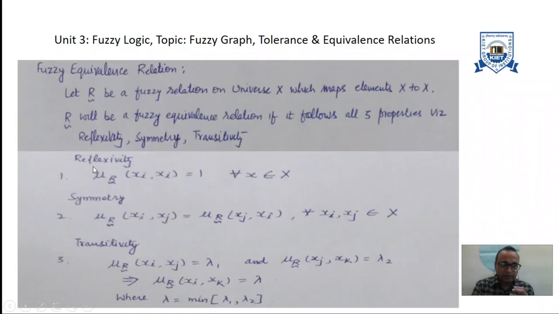According to the reflexivity property, the membership value in the fuzzy relation R for an ordered pair (xi, xi) must be 1. There should be complete membership for the ordered pair (xi, xi). Suppose there are 5 elements in a set. The first element must have a relationship with the first, complete membership should be there, right?